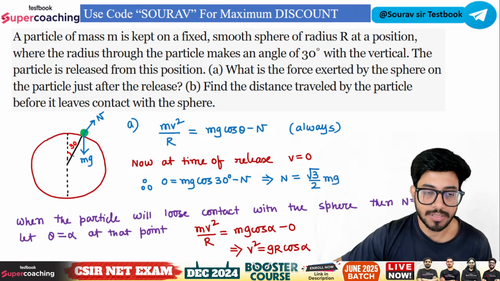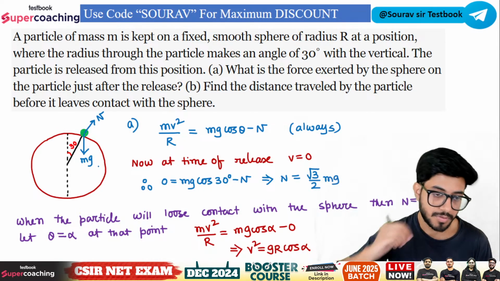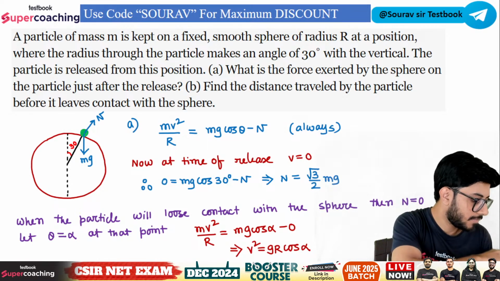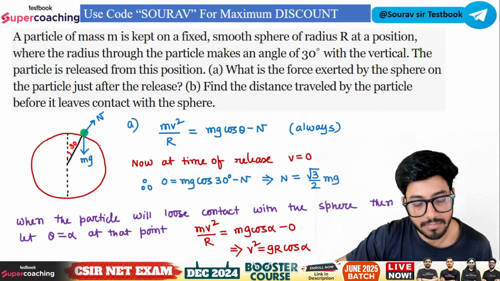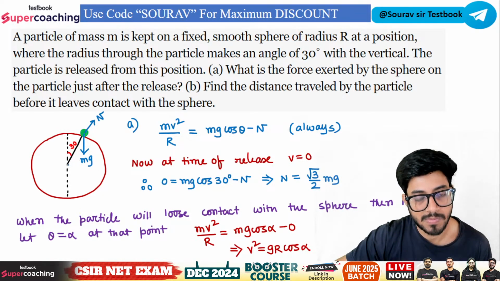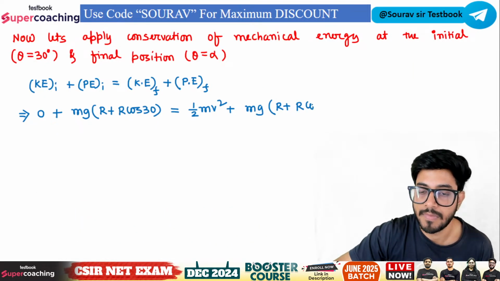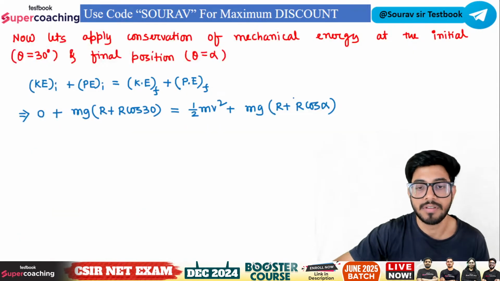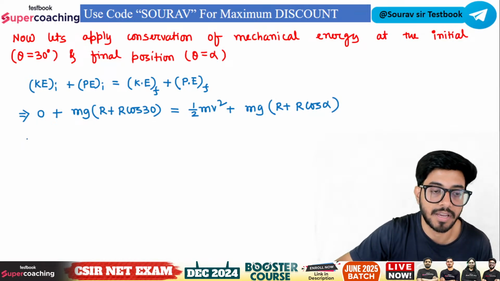The particle can lose the contact anywhere. If alpha is greater than 90 degrees, automatically this will become negative. Don't worry, it depends on alpha.